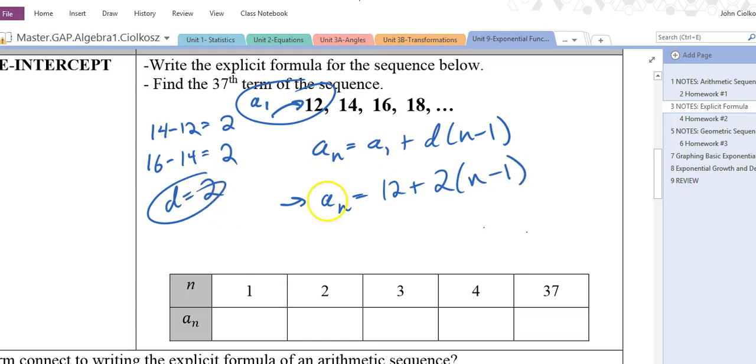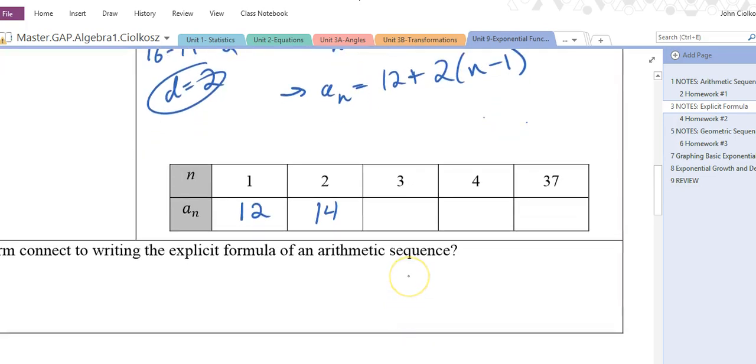And again, had this D been negative, then this would be minus 2 instead of plus 2. If we want to find some of these terms, it's just plugging in. If I want to find term 1, I plug in 1 for n. That gives me 12. That's just typing into GeoGebra like we did in the previous lesson. For 2, I'd plug in 2 for n, that gives me 14. Plugging in 3 for n, that gives me 16.